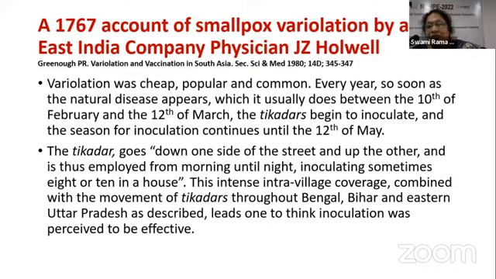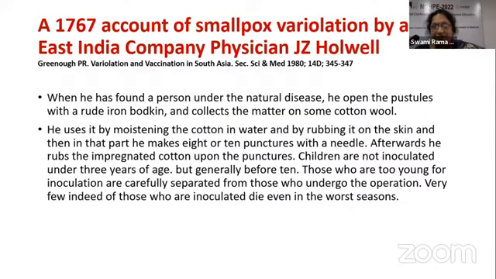The tikadar goes down one side of the street and up the other, and is thus employed from morning until night, inoculating sometimes 8 or 10 in a house. This intense intra-village coverage, combined with the movement of tikadars throughout Bengal, Bihar, and eastern Uttar Pradesh as described, leads one to think inoculation was perceived to be effective.